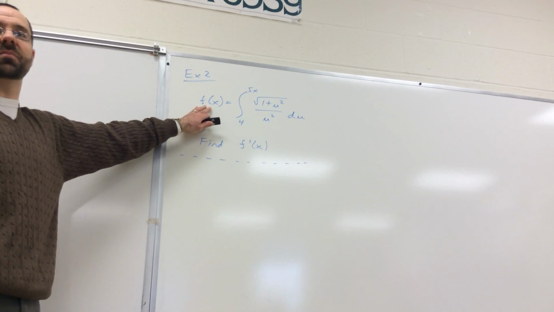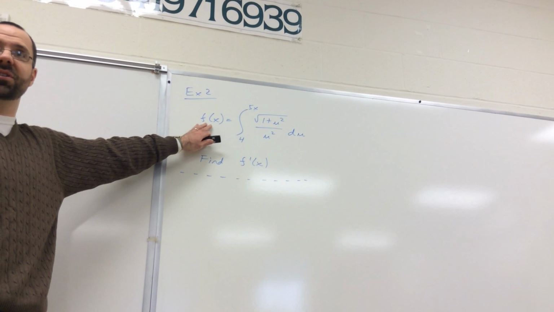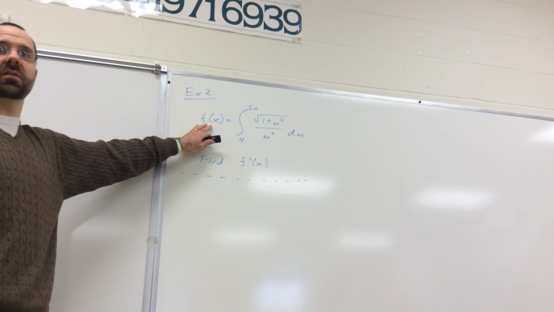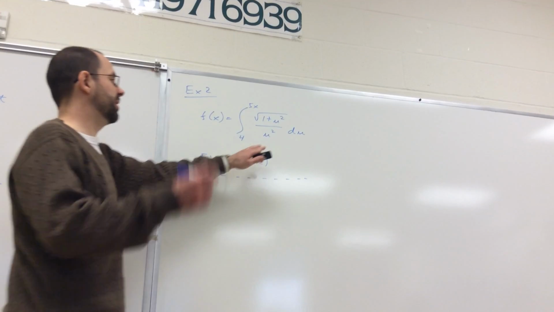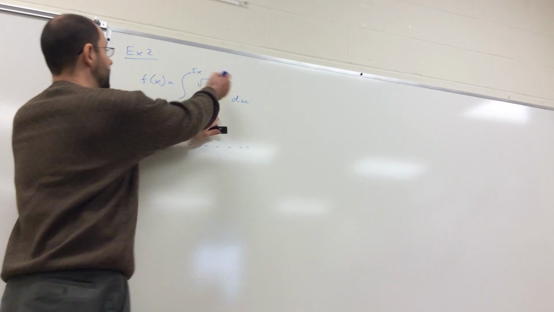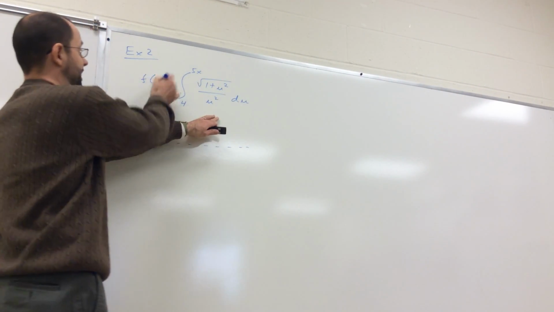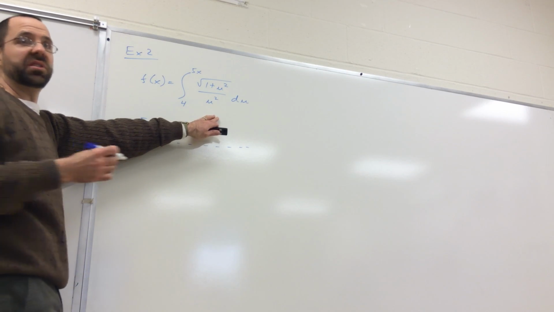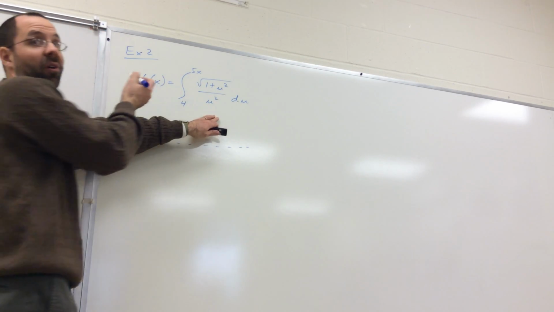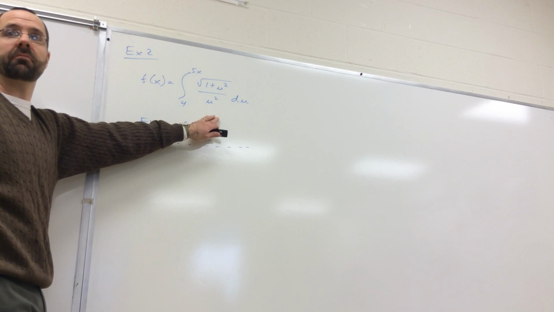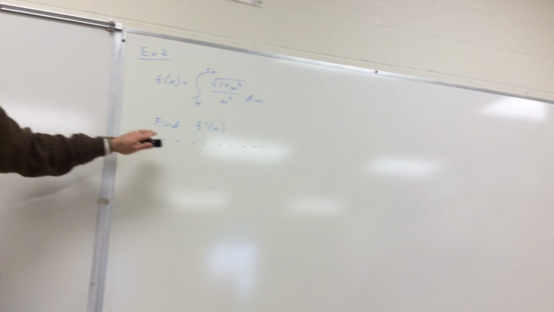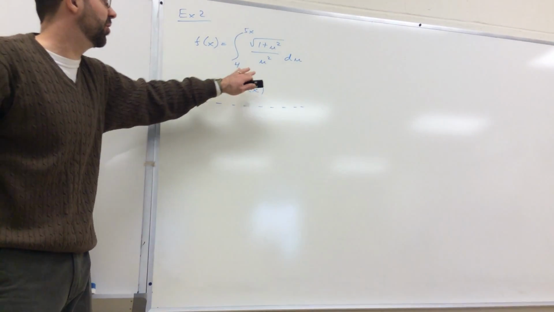That doesn't matter. It doesn't matter what the area function is called. I just need a name for it. So in that theorem, this is little f, right? And that's capital F. But since I don't have a little f here, I could call that little f, and it doesn't matter.